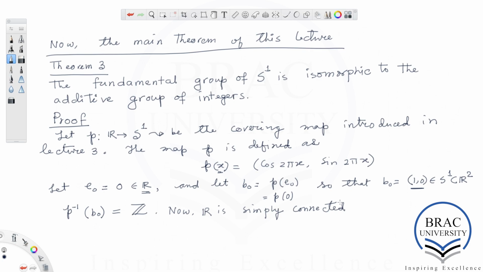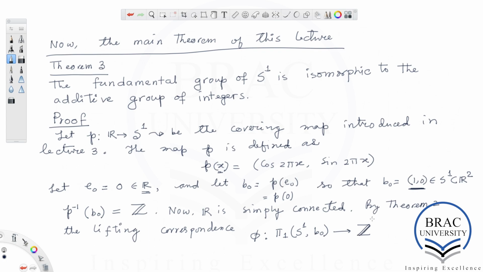So by theorem 2, the last theorem, the lifting correspondence phi from the fundamental group of the circle S1 with reference to this base point B0 to the set of integers, which is of course the inverse image of that point B0, is bijective, since this covering space is simply connected.